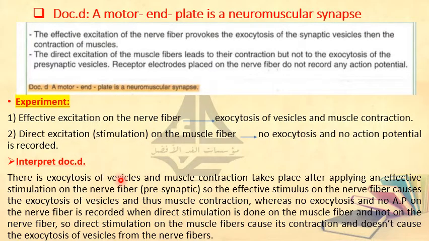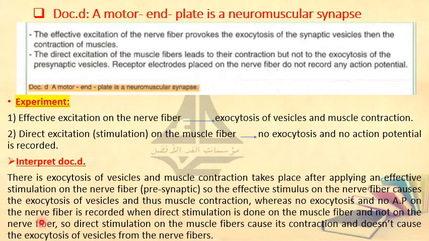There is exocytosis of vesicles and muscle contraction takes place after applying an effective stimulation on the nerve fiber. So the effective stimulus on the nerve fiber causes exocytosis of vesicles and thus muscle contraction, whereas no exocytosis and no action potential is recorded when direct stimulation is done on the muscle fiber and not on the nerve fiber.